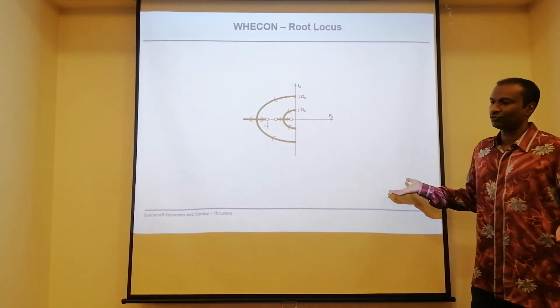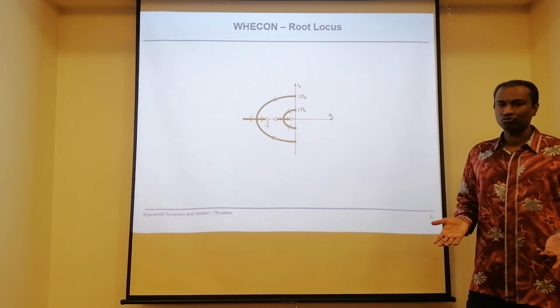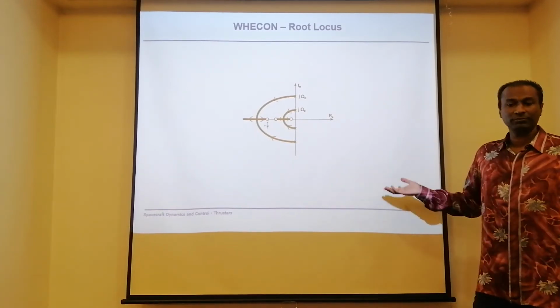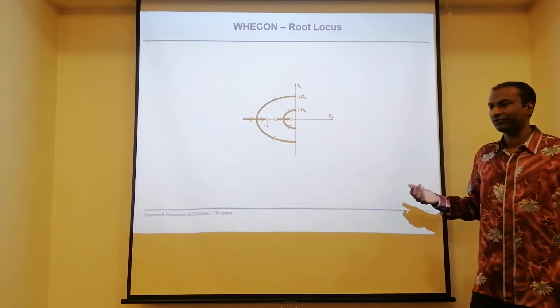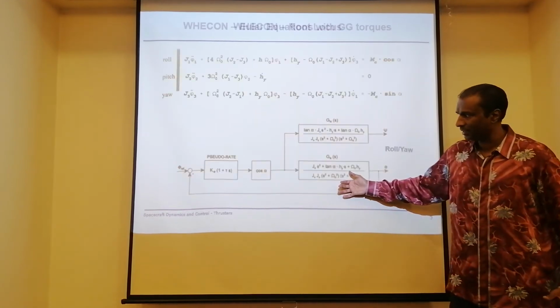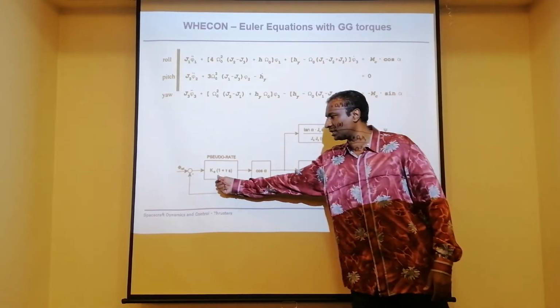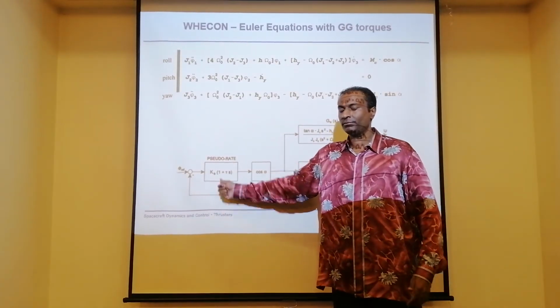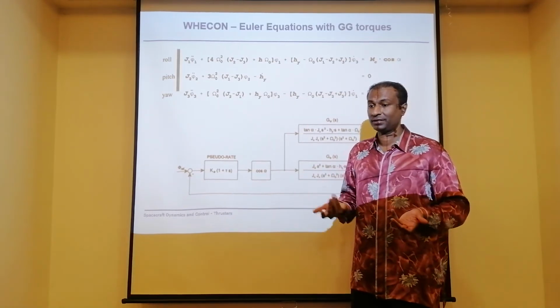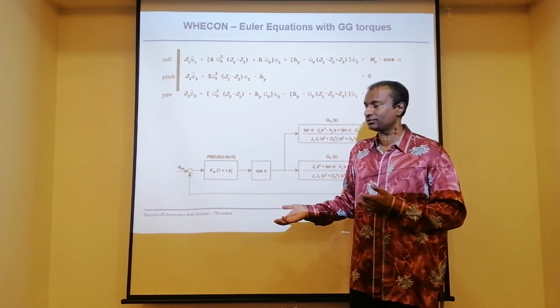When you have a control block, you have done this in control systems, you should be able to do a root locus. You can find the poles. What you want to select is the controller, because the inertia is already known, the satellite inertia is known, and the orbital frequency is also known.